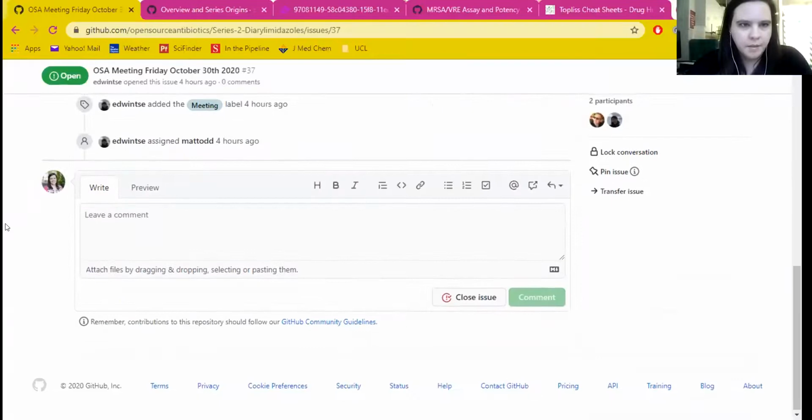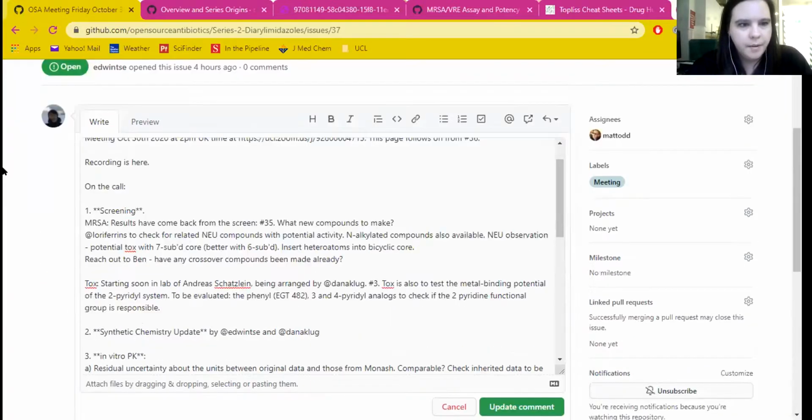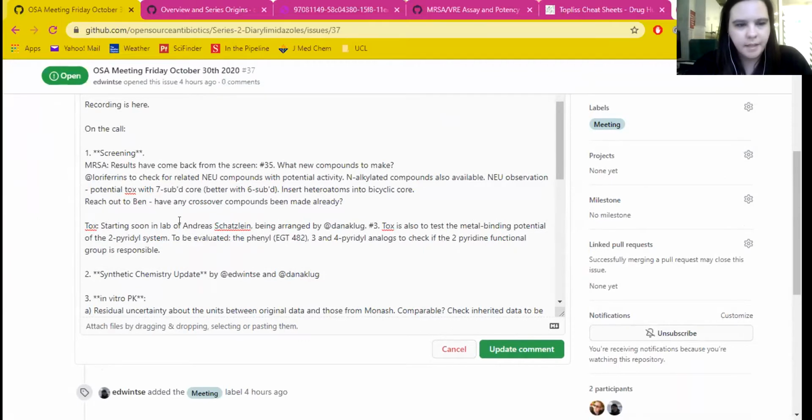I guess we will move on to the next stuff on the agenda, and then we can obviously keep this discussion going on that GitHub issue. Tox assays, they will be done.